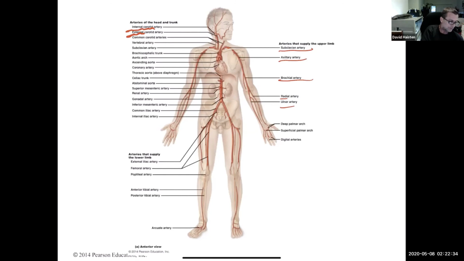Cool. Okay, let's go down to your left and right common iliac arteries. They're going to split into internal and external iliac arteries. The external iliac artery is going to branch off. A major branch is the femoral artery heading through your thigh. It's then going to pass through the popliteal region, the back of your knee, and change its name to popliteal artery.